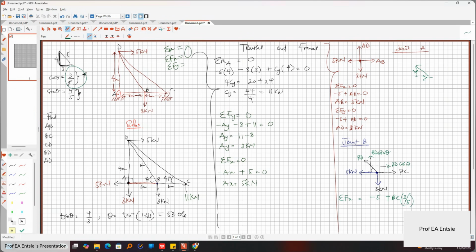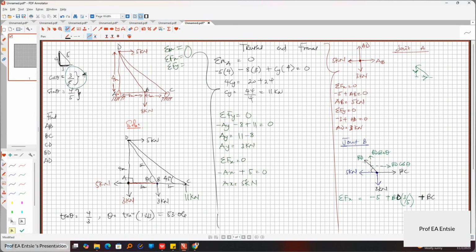Is that all the x component that we have? No. Then plus BC, sorry. Plus BC. Then this one is BD rather.